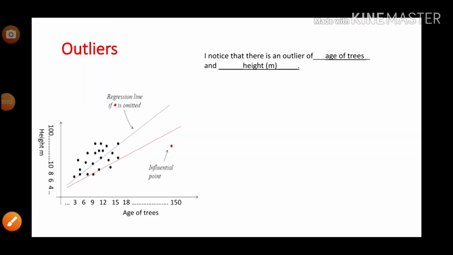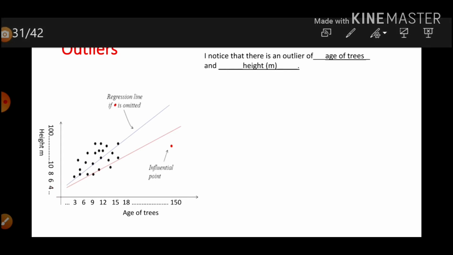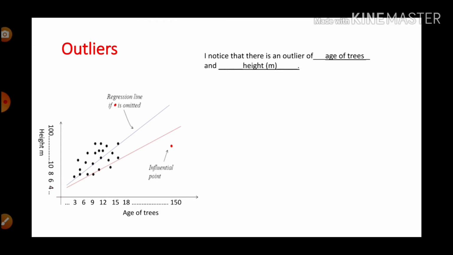So this is what you should say. On the x-axis, that's the age of trees, as age of trees goes up, and the height of the trees in meters. Okay, I noticed that there is an outlier of age of tree and height in meters, which is this one. I have one outlier. Okay, you have to read the values.